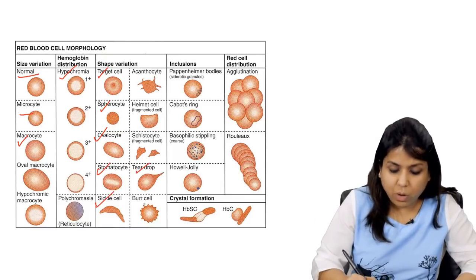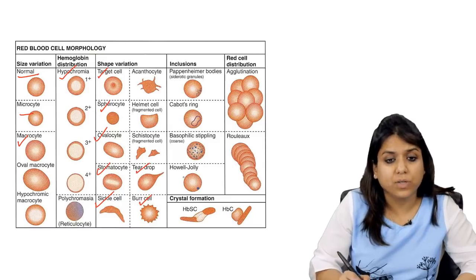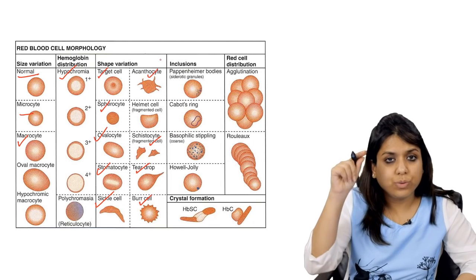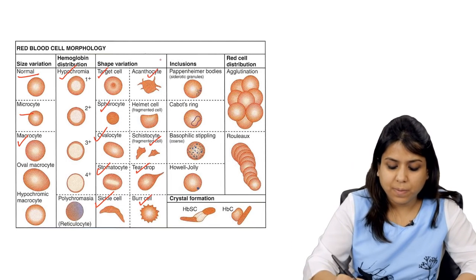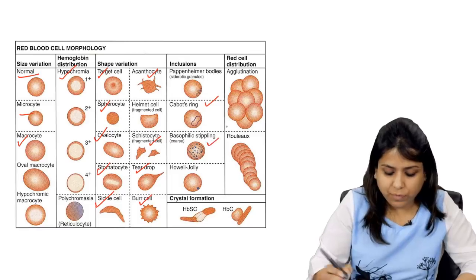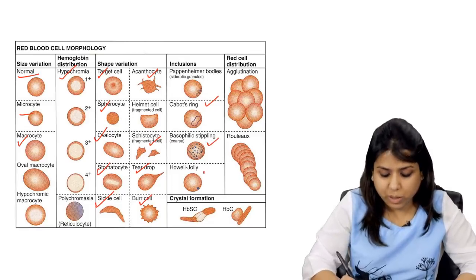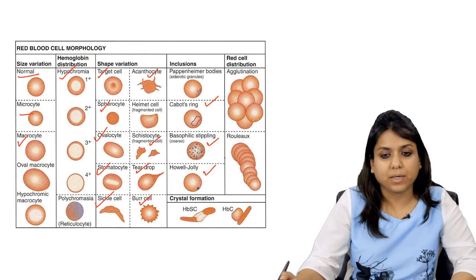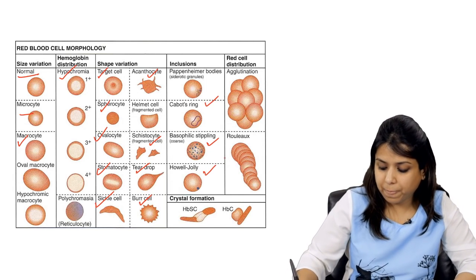Sickle cell, teardrop. Burr cell, characteristic feature of uremia. Fragmented red cell. Acanthocytes with spicules. Cabot ring seen in megaloblastic anemia. Basophilic stippling I've already shown you. Howell-Jolly body is a remnant of DNA seen in post-splenectomy patients, right?